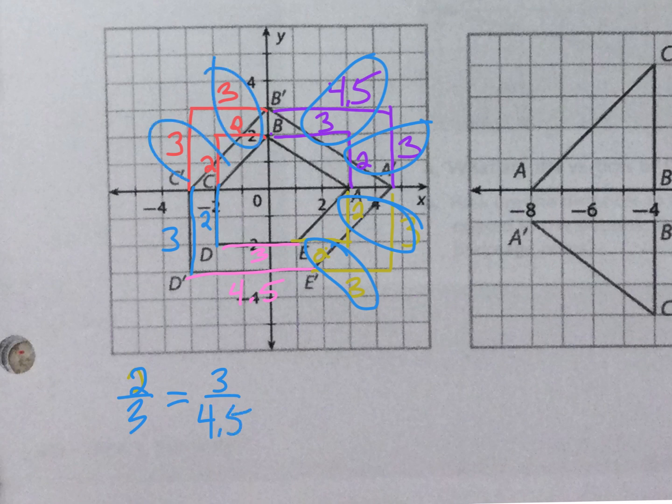If you put 3 divided by 4.5 in your calculator, you get 2/3. So yes, this is a scale factor. It got bigger though, so instead of 2/3, the way I wrote the scale factor is actually 3/2.